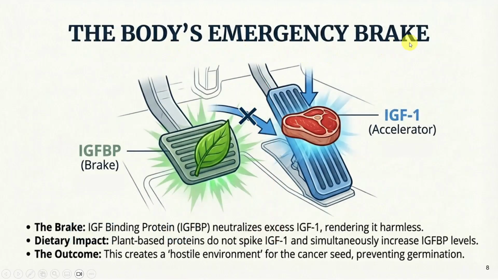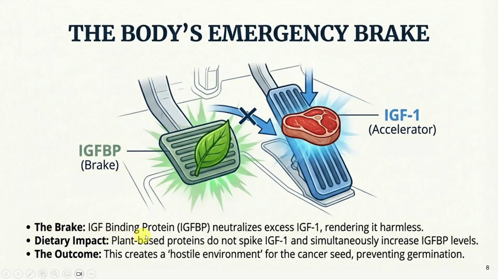The body's emergency brake. So we have this IGF-BP, IGF brake pedal, where you have a leaf here. What does that mean? But we have the accelerator, which is IGF-1. So think of IGF-1 as that animal protein consumption. And the IGF brake pedal is, well, let's talk about it.